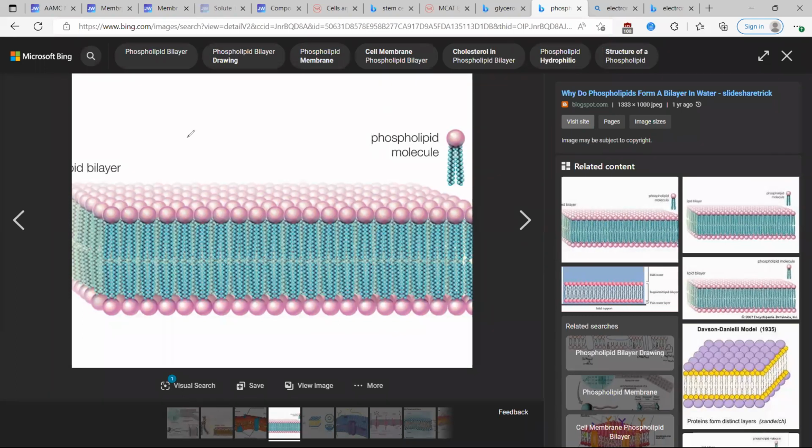It has a distinct region of polarity, polar head groups, in fact, it has two of those. And then it has a distinct region of non-polar tails here. So this is not polar, it's not non-polar, it's amphipathic. Amphipathic means that it has regions of both hydrophobic and hydrophilic.